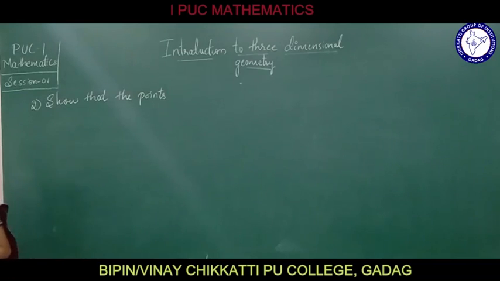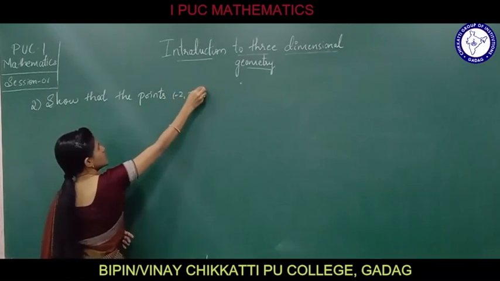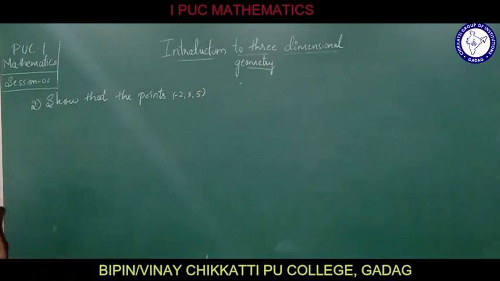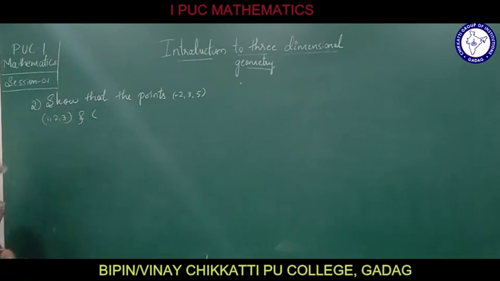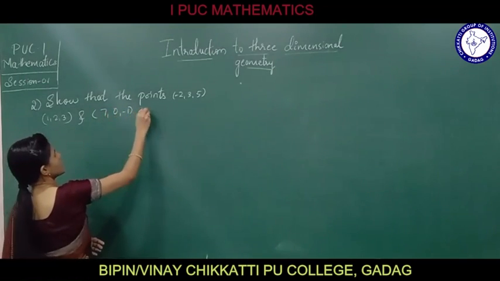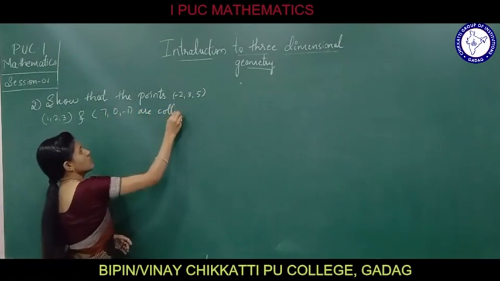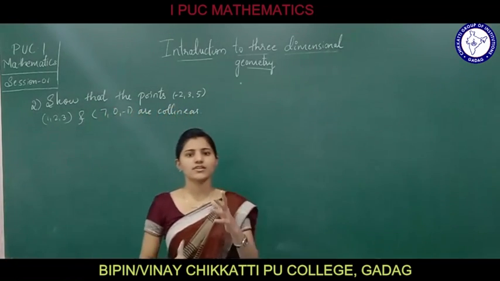Those 3 points are minus 2, 3, 5, and the other is 1, 2, 3, and another point is 7, 0, minus 1. They are collinear. We are supposed to show that all these 3 points are collinear.